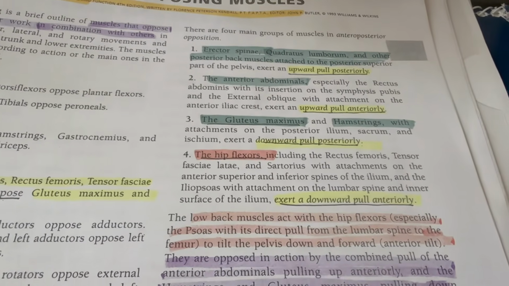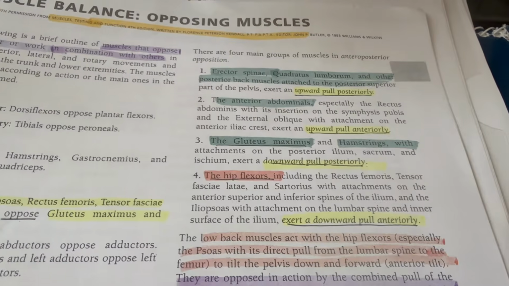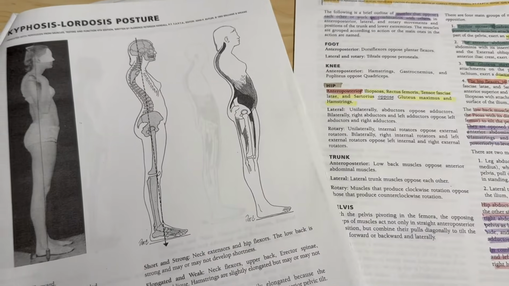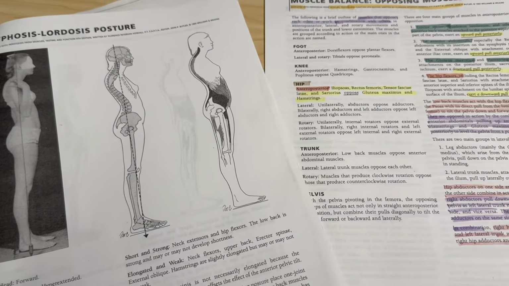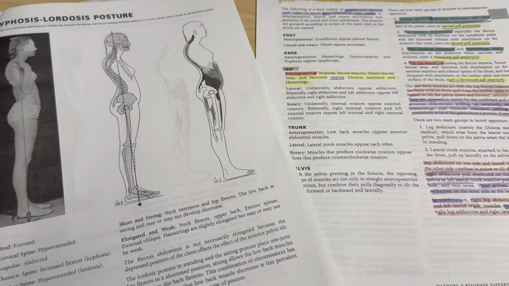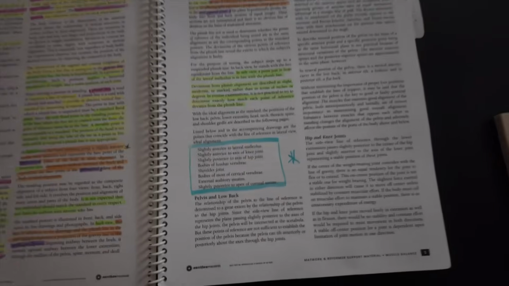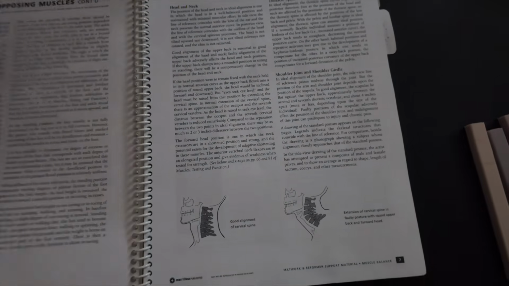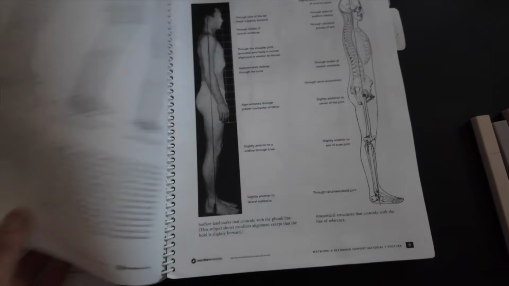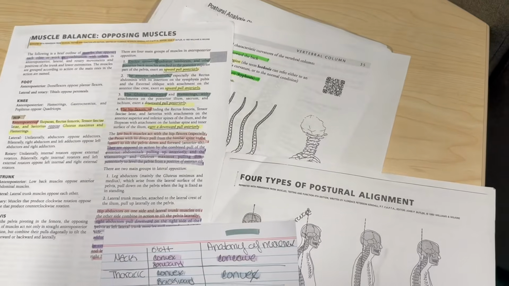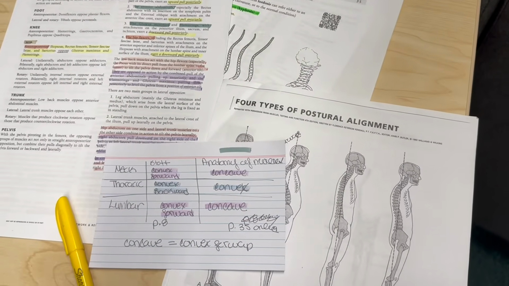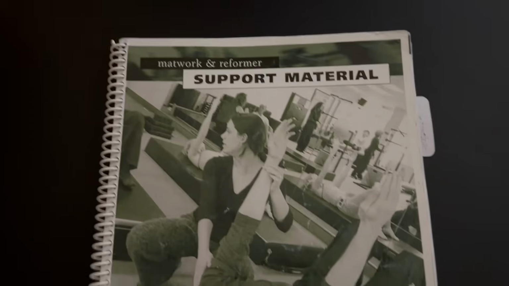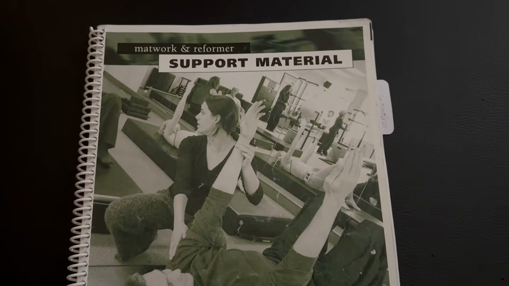It's going to explain which muscles and muscle groups are pulling against each other or opposing each other in order to give the posture that you see. It's going to explain ideal alignment in the body and which muscles might be contributing to imbalances in the body and how they're contributing to imbalance in the body. Do not skip this part.